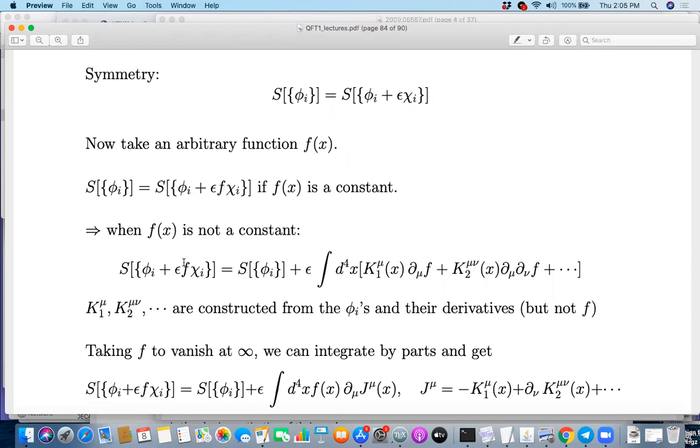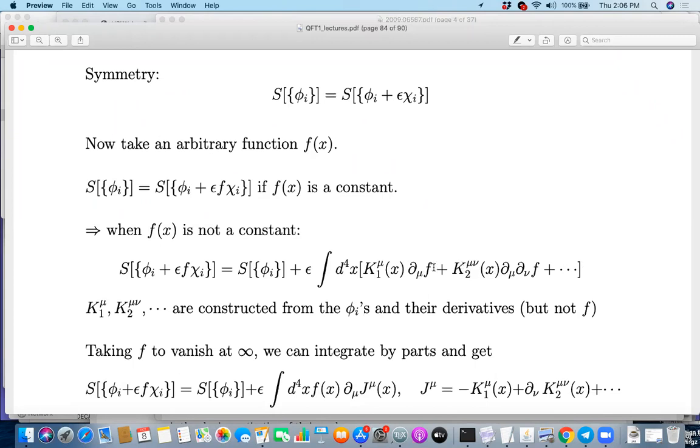So the difference between these two, first of all, has to be linear in f, because we are talking about terms linear in epsilon. And furthermore, we know that it must vanish when f is a constant, which means that the terms it can involve must be derivatives of f. And here I have written down the most general derivative expansion.